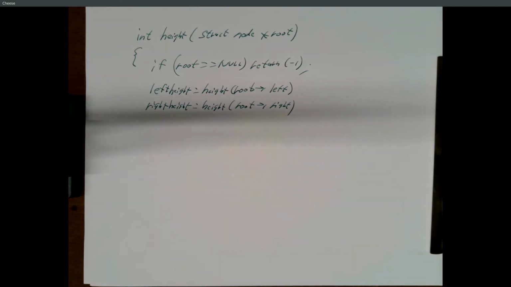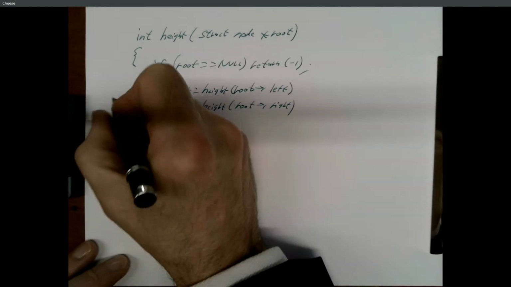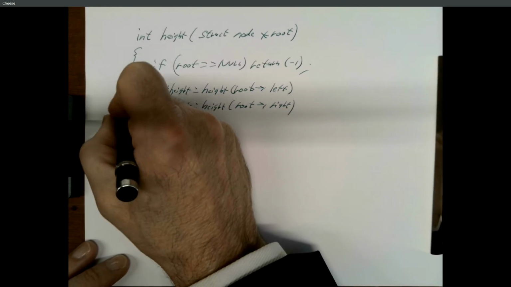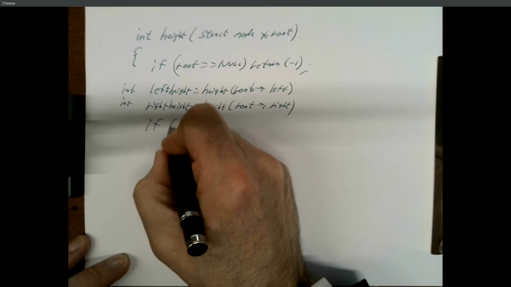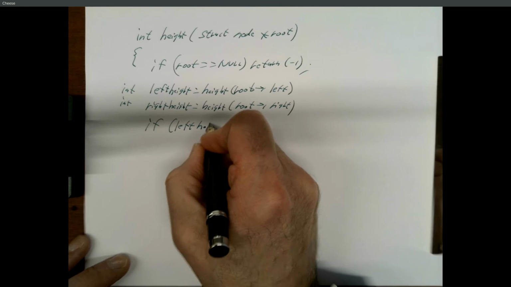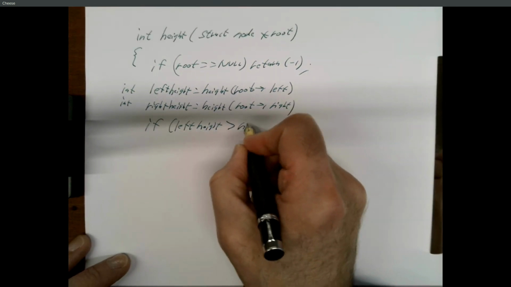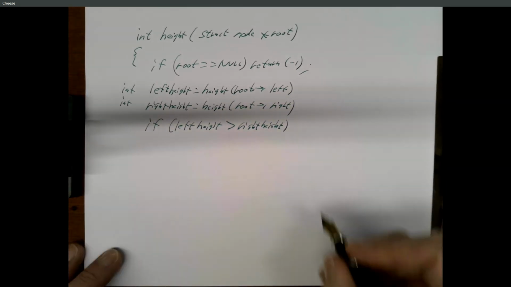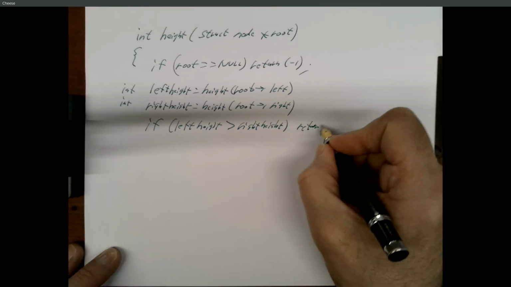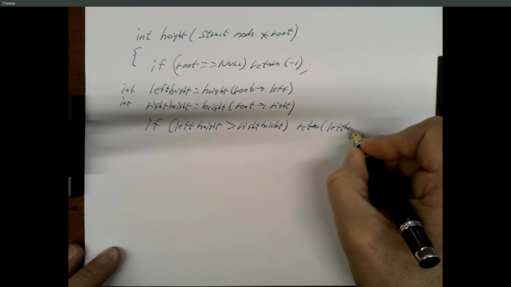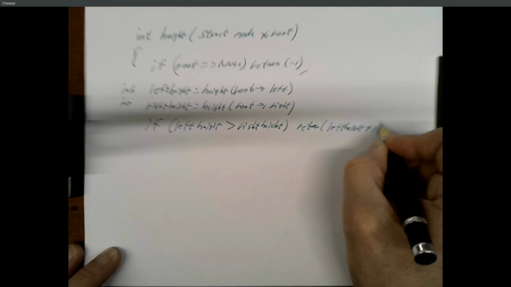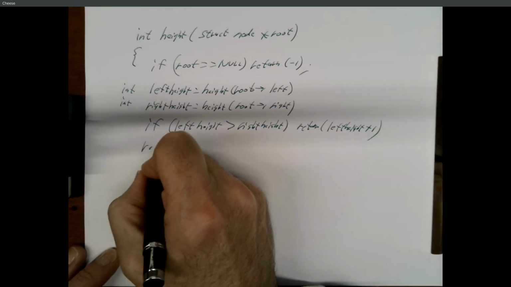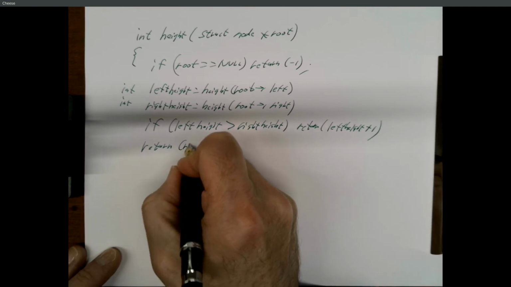I'm going to save those in integers called left height and right height. And if left height is bigger, I'll just return left height + 1. Otherwise, I'll return right height + 1.